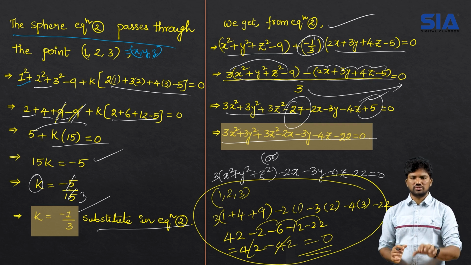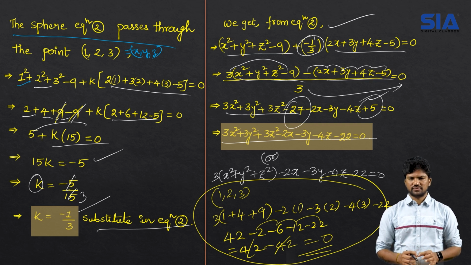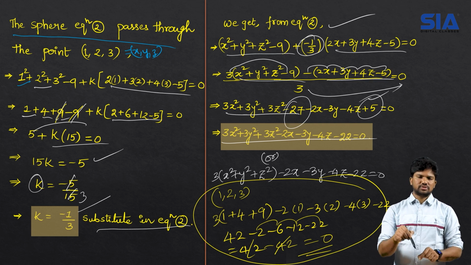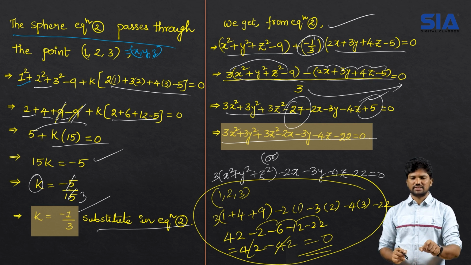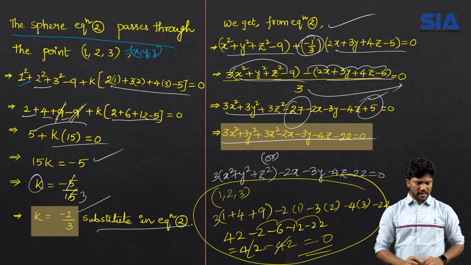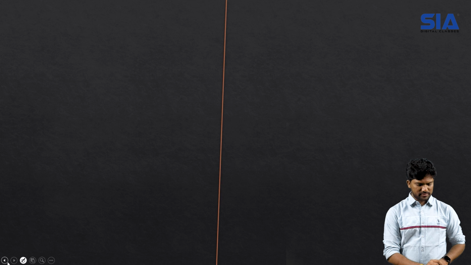Just do the verification process in this format. Why? Because the point is mentioned in the problem. If the sphere passes through the point, substitute that point in the final sphere equation. If you get LHS equal to RHS, that is 0 equal to 0, then the required equation is correct. So this is the total explanation of this problem.